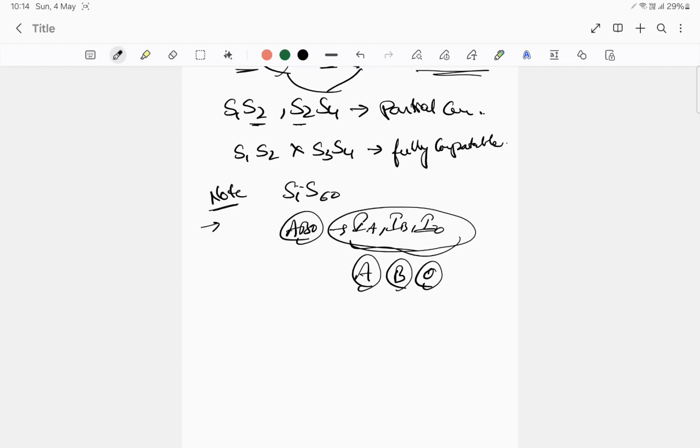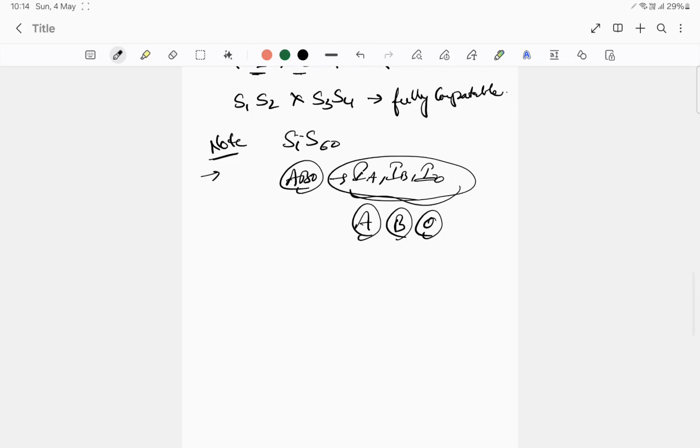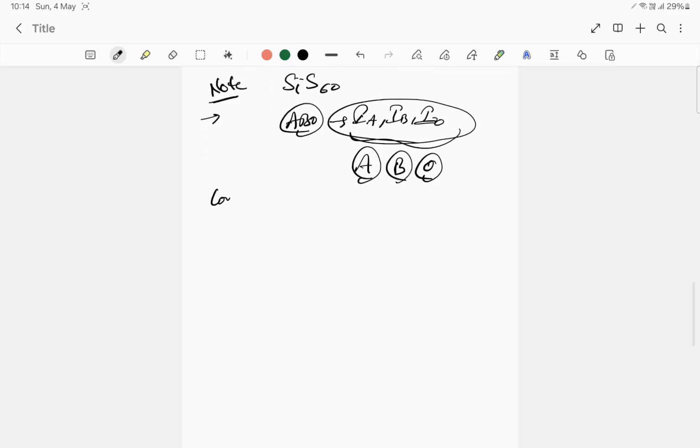Another thing is multiple alleles do not show complementation. What is complementation? We will discuss it in further classes, where the cis and trans positions will come. I will simply say here that from the complementation test we can find whether two genes are on the same chromosome or different chromosomes.